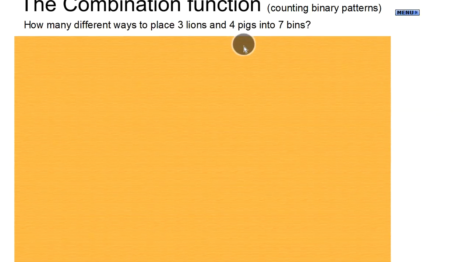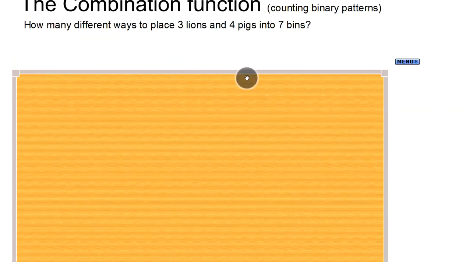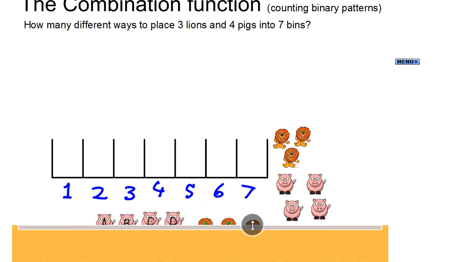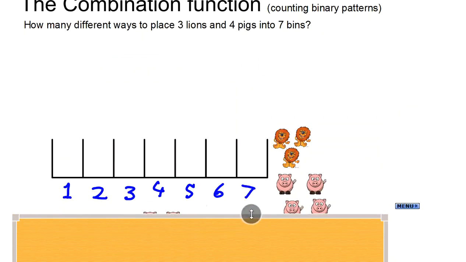Suppose we are now in a situation where we have our bins, and the bins are marked, but we have animals that are identical. So we have 3 lions and 4 pigs, and what we're interested in is placing them into the 7 bins.